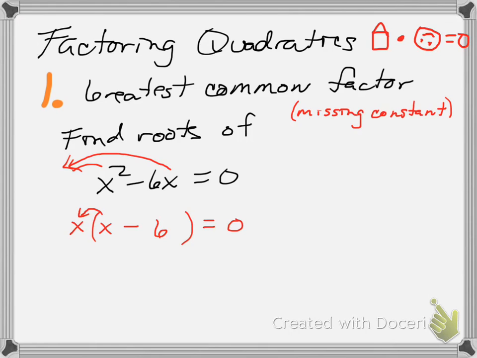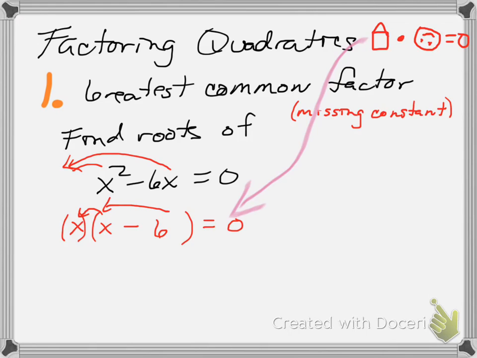And I kind of hinted at this last section. If house times upside down smiley face equals 0, what do we know in general? One of those two has to be 0. Either the house or the upside down smiley face, one of those two has to be 0. So what we're going to do, getting back to our example, down here we have, instead of house and upside down smiley face, we have x and x minus 6.